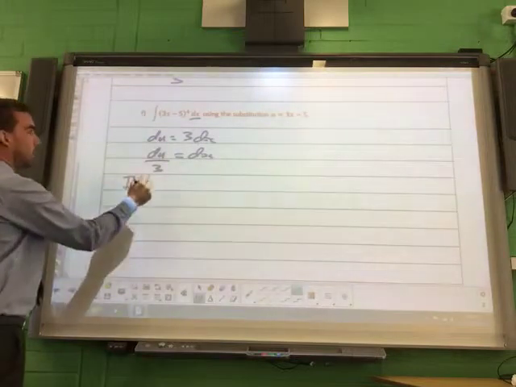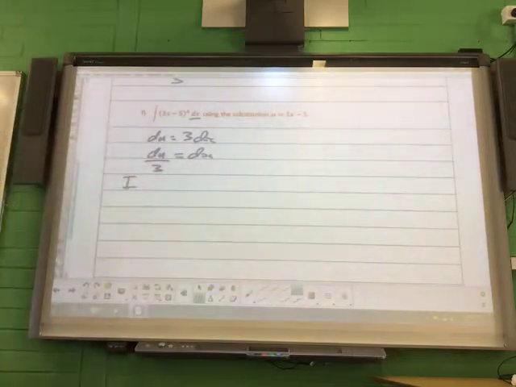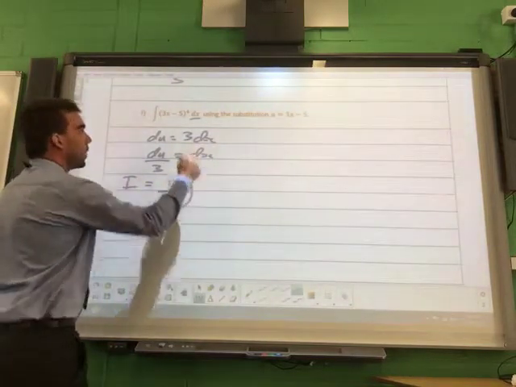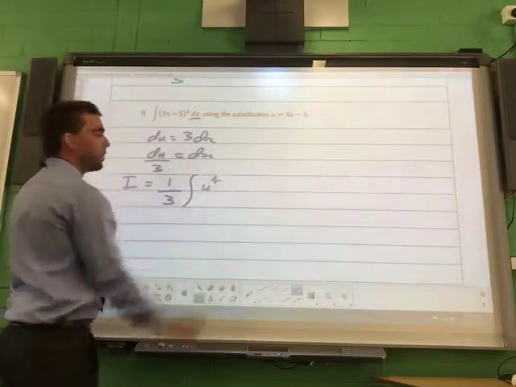And I've got everything I need because it's just a function, a polynomial. So it's going to be 1/3 the integral of u to the power of 4 du.